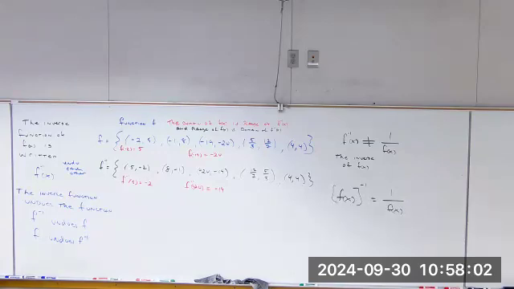Every set of ordered pairs, these are relations. It's a set of ordered pairs. It's a function because the x's don't repeat. Not every function has an inverse function. In order to have an inverse function, it has to be 1 to 1.